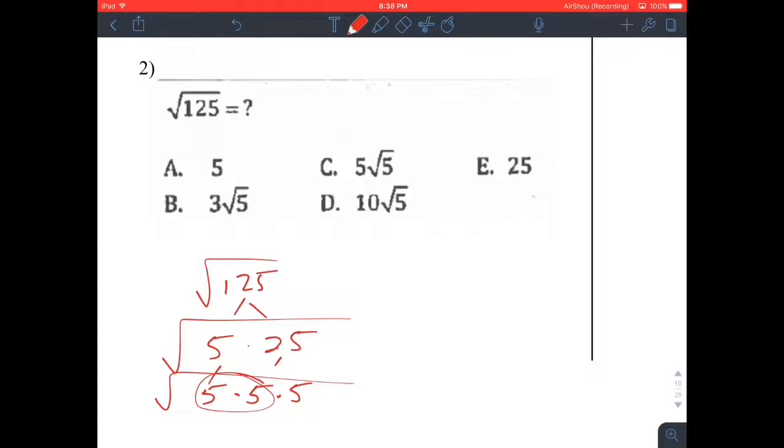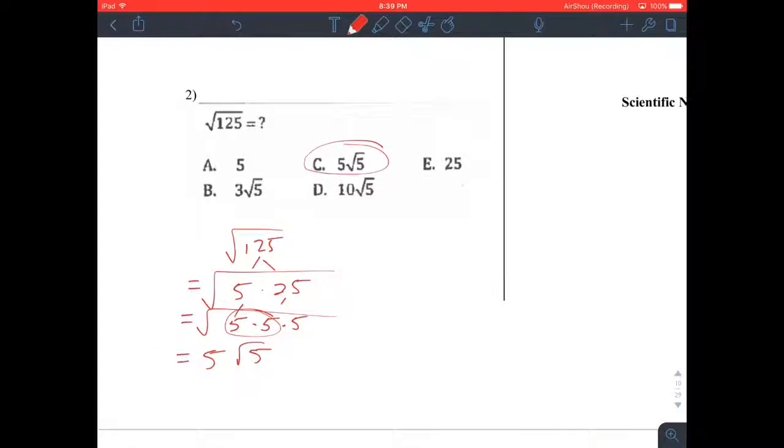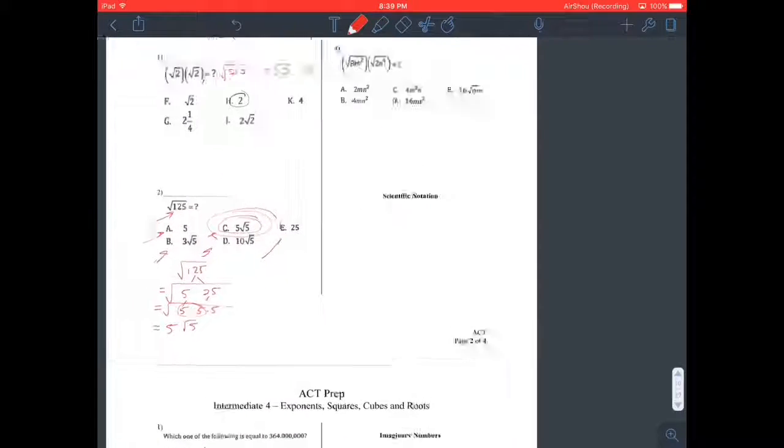Got a pair of 5s, put one 5 on the outside. Anything uncircled stays on the inside, so it's 5 square roots of 5. Once again, if that's too much for you, just put the square root of 125 into your calculator, hit enter, write down the decimal, and then check each of these answers to see which one gives you the same decimal. You'll find that C does.